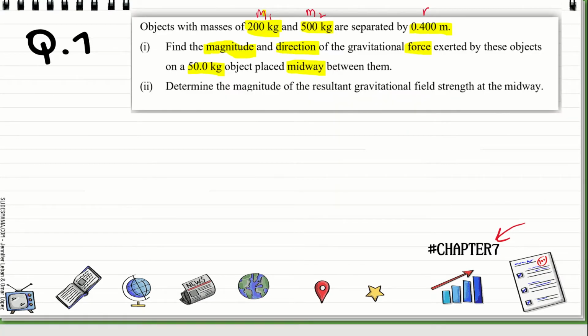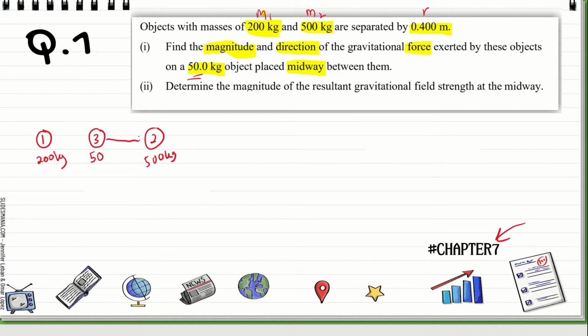So to solve this question, we better draw the condition. So this is our M1 with mass 200 kg, and this is our M2 with mass 500 kg. And we want to find the magnitude of force exerted on another object with 50 kg, the third object, which is midway between the two objects, M1 and M2.